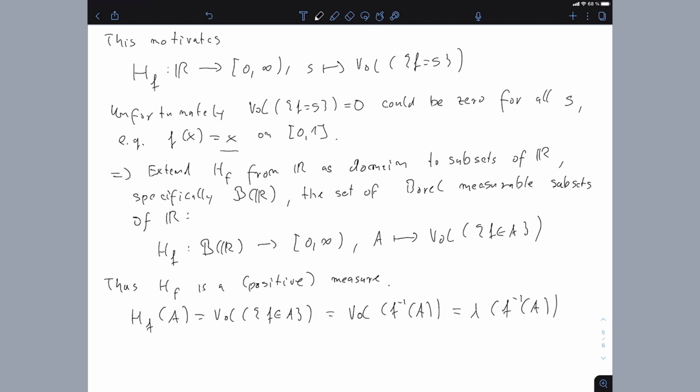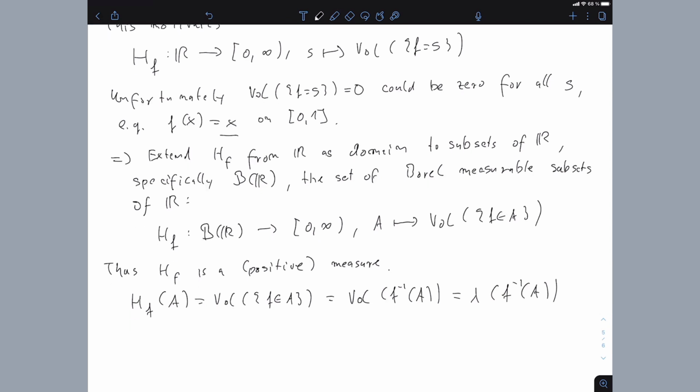This shows that H_F is the so-called push-forward measure or image measure of the Lebesgue measure under the mapping F. And this is specified in proposition A8 of the appendix.